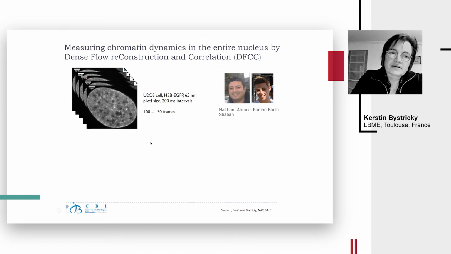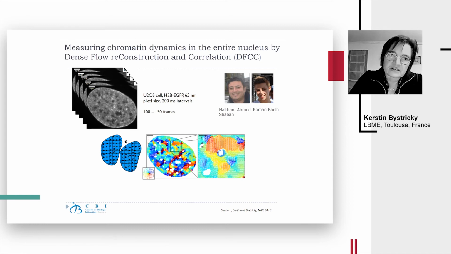So what they did is they analyzed the motion of the fluorescence intensity of each pixel within these nuclei and applied optical flow to analyze the variation of the intensity within each pixel compared to the surrounding pixels. So the first study is based on the first series of analyses that are called dense flow reconstruction correlation, showing that there are domains of motion.